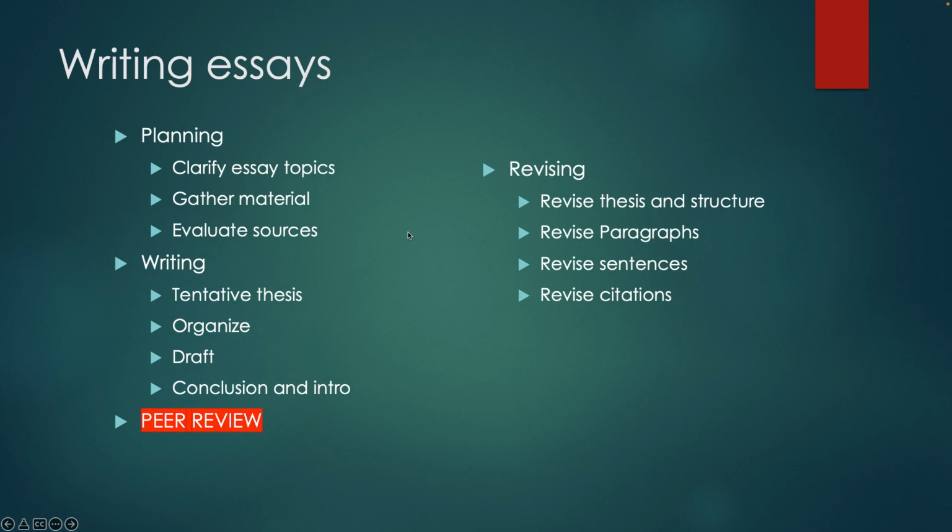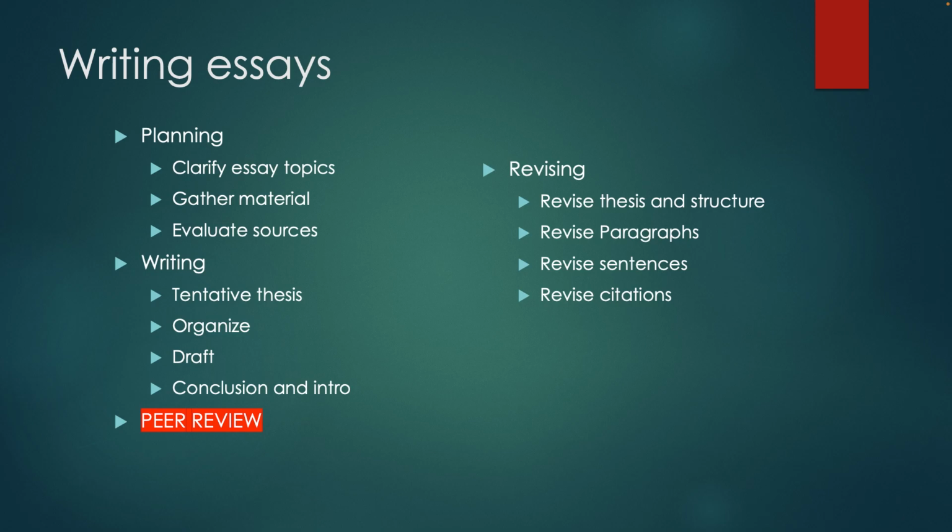So first, plan. What is it that you're going to write about? Second, read the essays you've chosen, grab some peripheral resources and some research, evaluate all of that, make a plan, make an outline. Then write your thesis statement, organize all of those notes that you've taken into what you think might make sense for an essay.